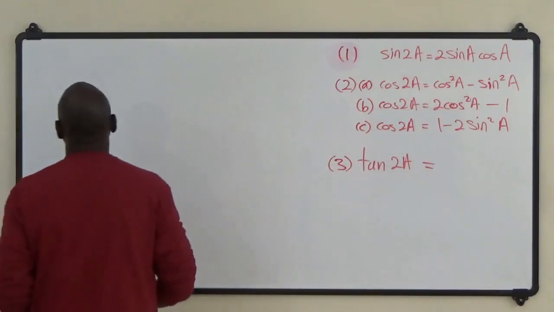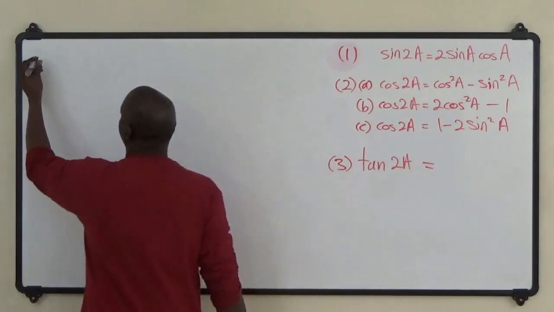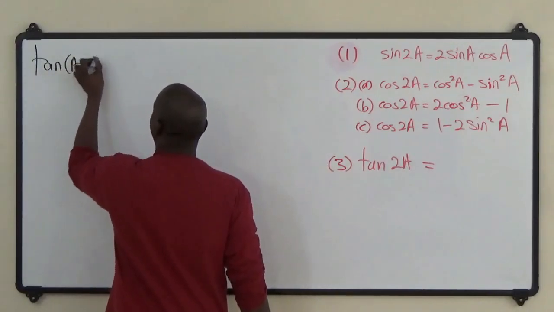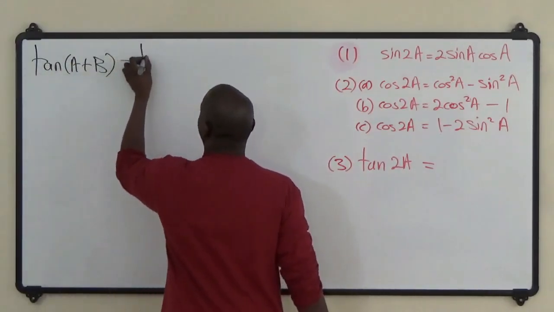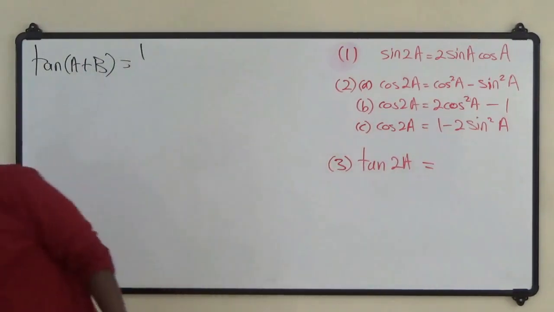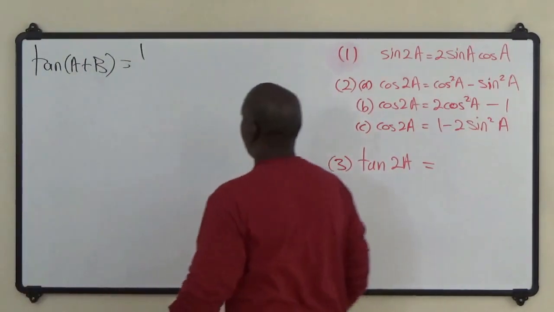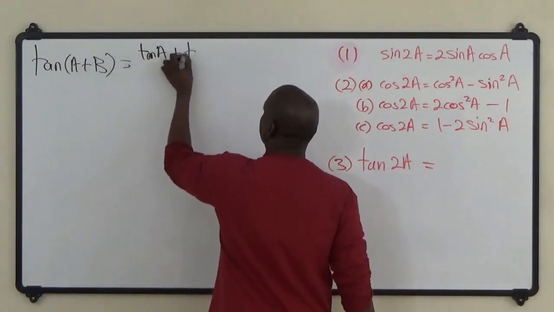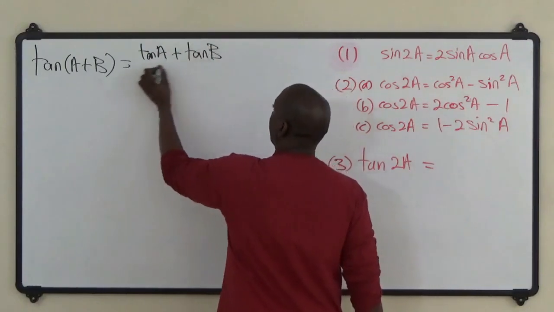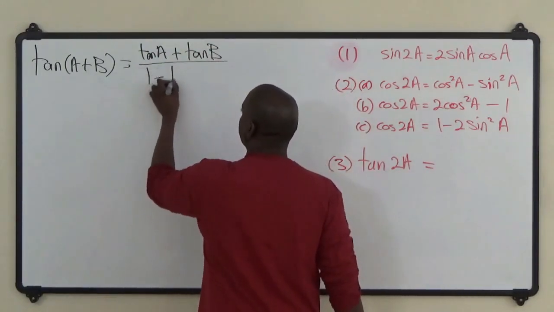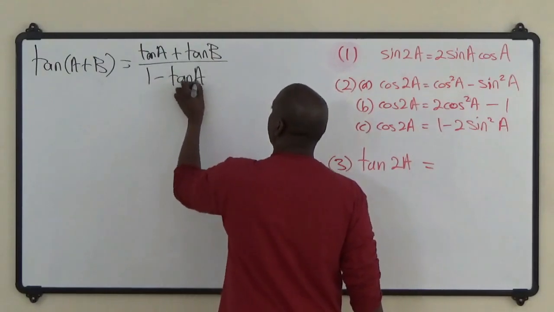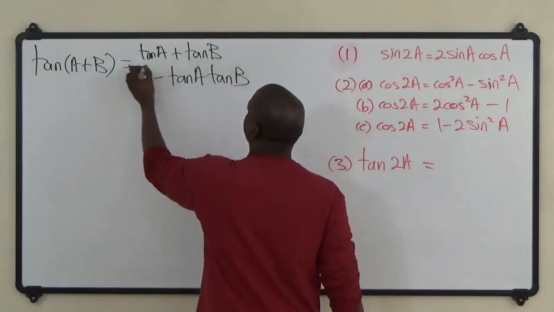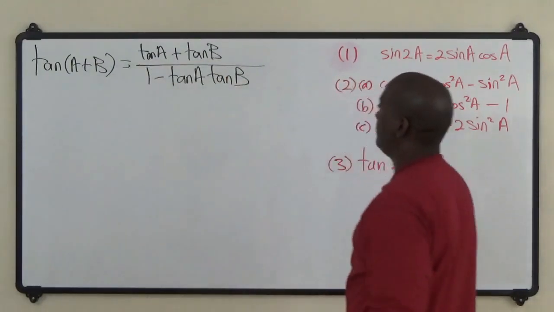So the tan of a plus b is equal to tan a plus tan b over 1 minus tan a tan b. Nice.